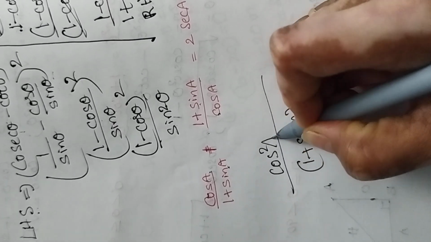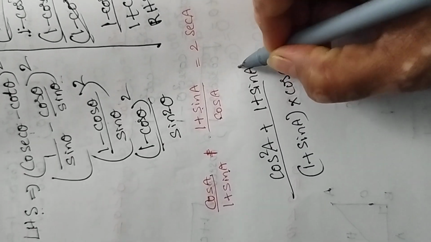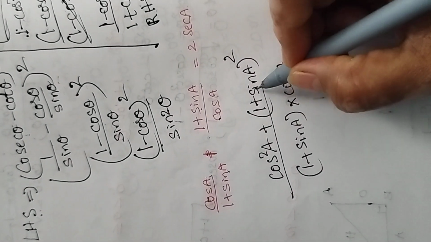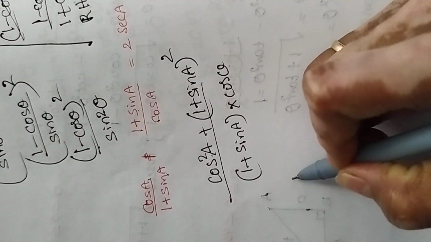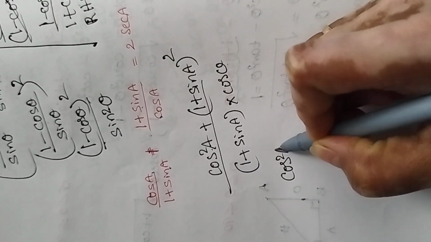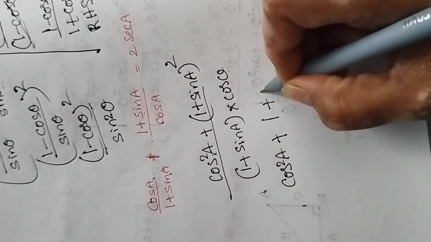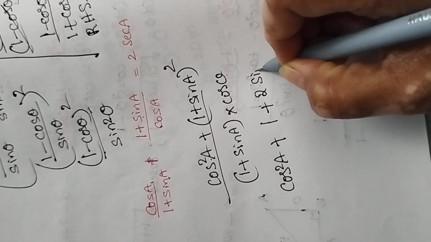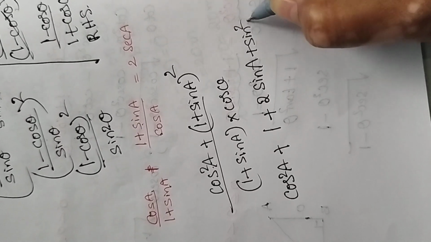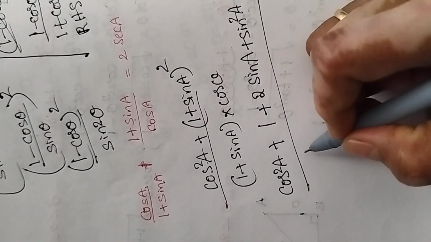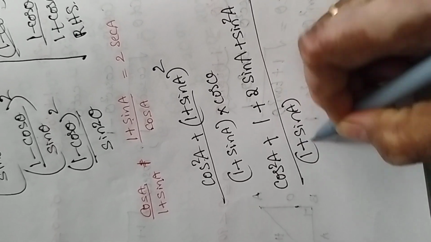In the numerator, do the a plus b whole square: a square, 1 square is 1 only, plus 2ab means 2 sin a, plus b square is sin square a. Cos square a is written as it is. The denominator has no change, write it as it is, 1 plus sin a into cos a.